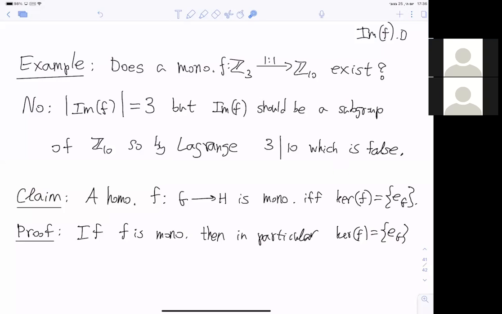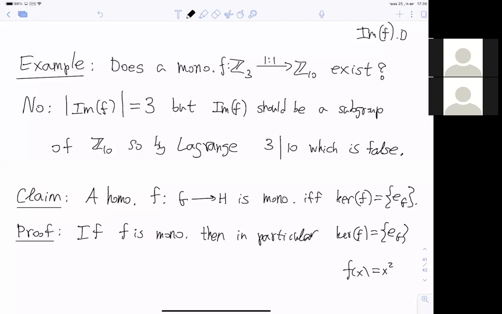Do I understand what I'm saying? This is less trivial, okay? But it is only because f is a homomorphism. For example, f(x) equals x squared. This is not a linear transformation.